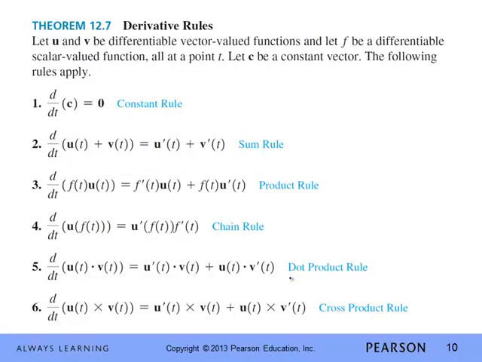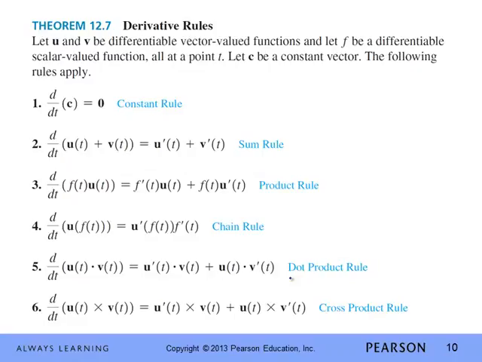Next one, the derivative of the sum of two vector valued functions will be the sum of the derivatives of those vectors. Hopefully no surprises for that one. Number 3 is kind of a product rule that you should know and love from Calc 1, right?